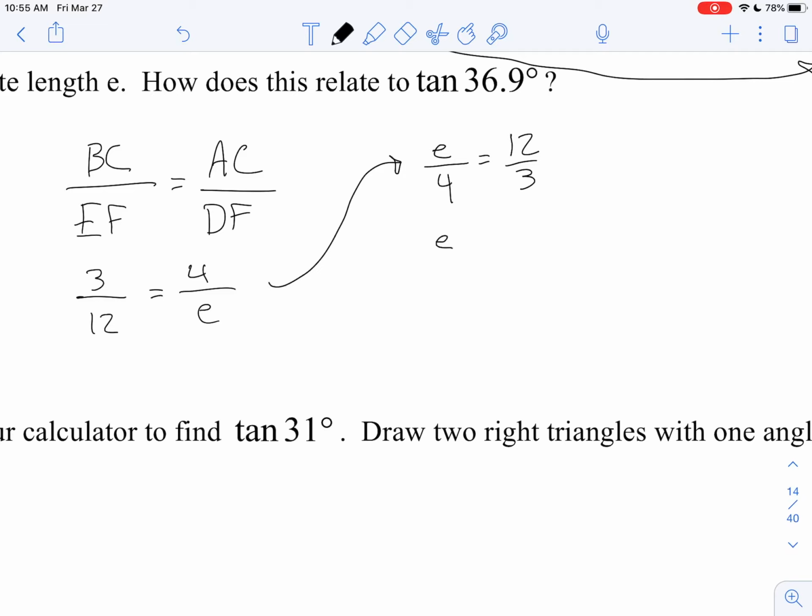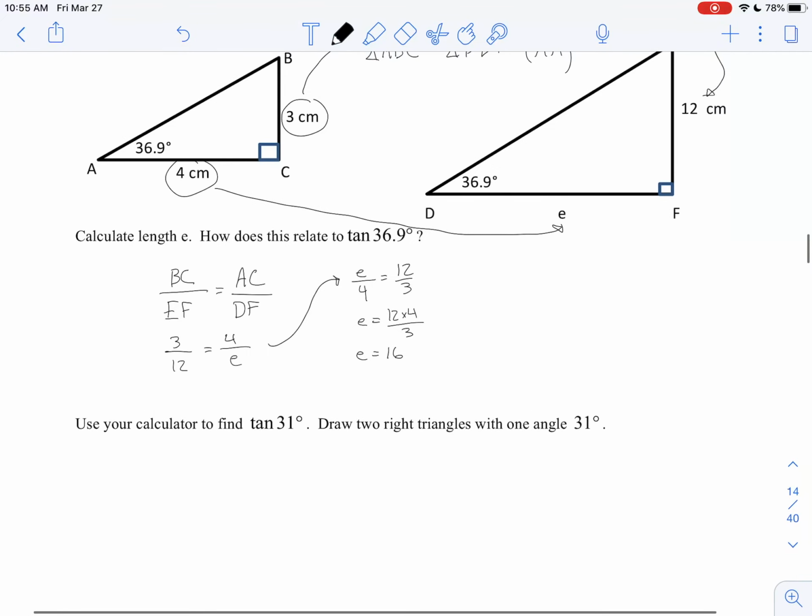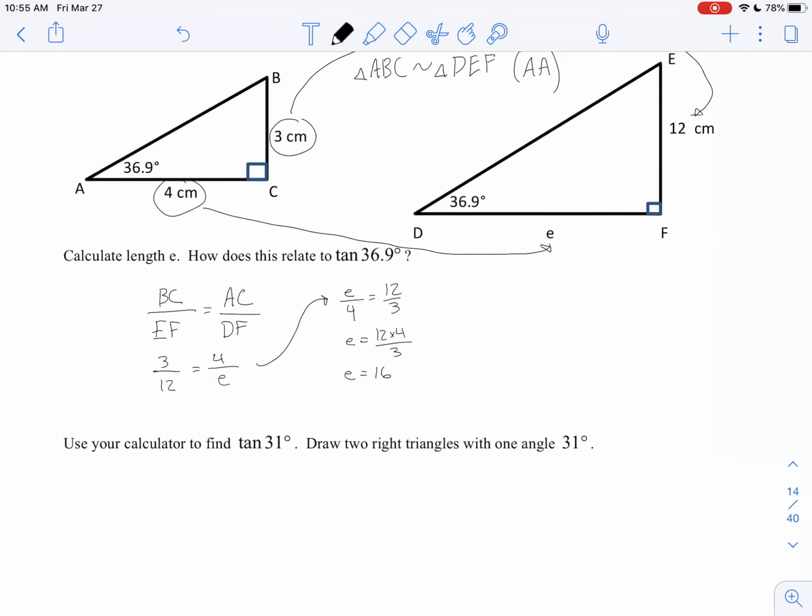Multiply both sides of the equation by 4, and you've got 12 times 4 divided by 3, so E equals 48 divided by 3, which equals 16. We can see clearly our scale factor was 4: side length BC times 4 is 12, and AC times 4 is 16, which gives us the side length of DE.